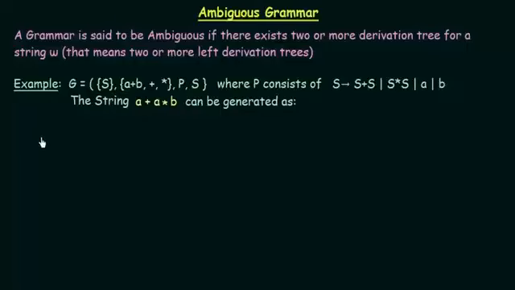Let's see in how many ways we can generate this string. Let us start with the start symbol S, and I will start from the production S gives S plus S. Now I need to get a plus a into b, and I am forming the left derivation tree for this, so we have to start from the leftmost symbol, which is S. This S I will replace with a because we have a production which says S gives a.